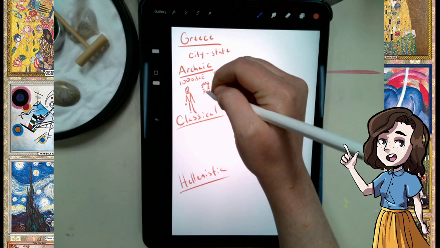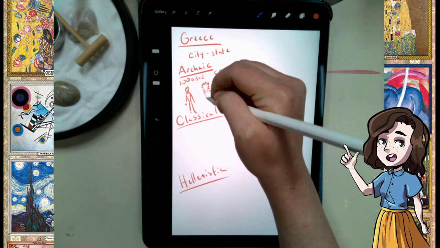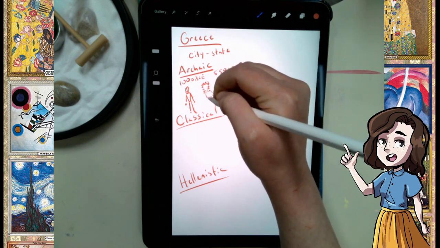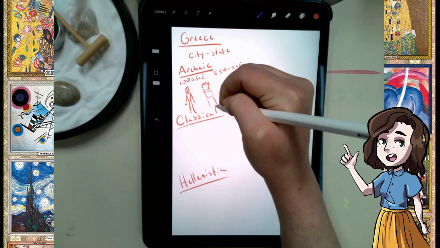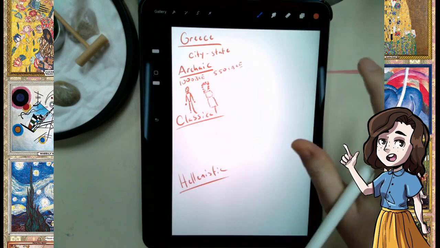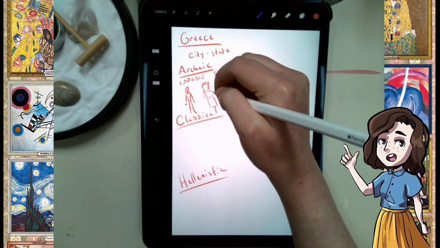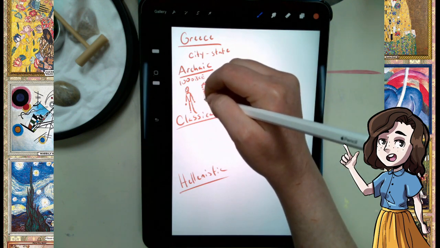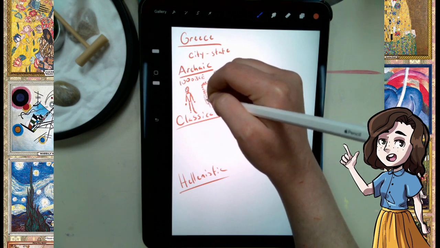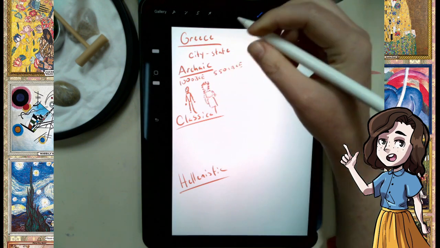While the female is not nude. She is clothed, because that's a big no-no. How could they show women without clothes? But look at the guy without clothes. We see that immediately with our two figures.